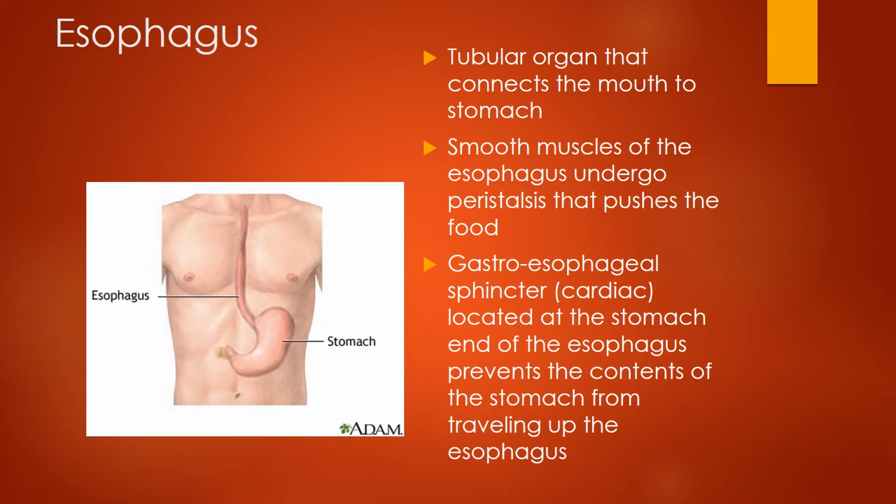When there is no swallowing action, this sphincter is shut and prevents the contents of the stomach from traveling up the esophagus. Acid reflux or heartburn occurs when the acidic digestive juices escape into the esophagus.